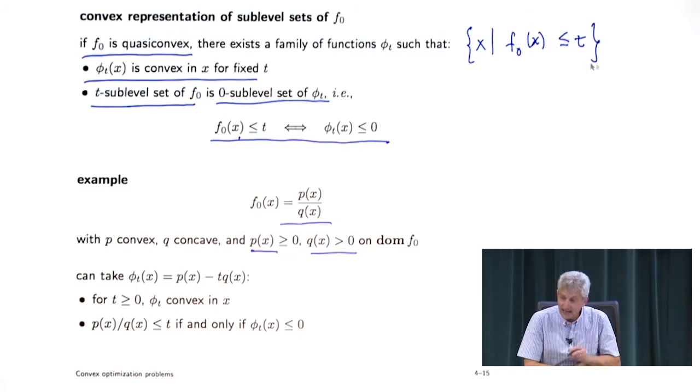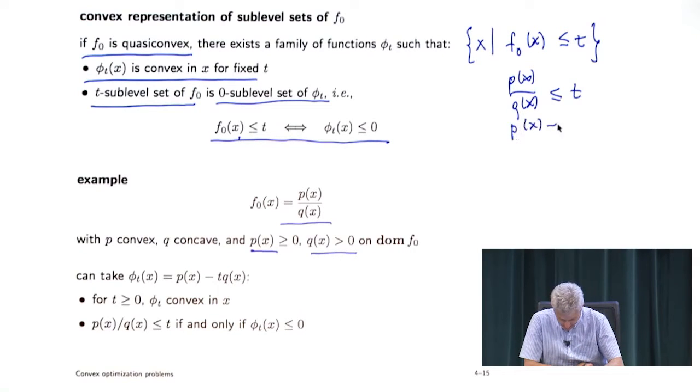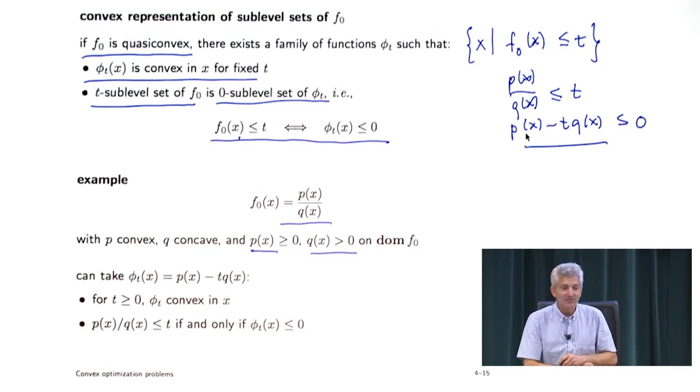Now, if t is negative, it's convex because this set is the empty set, which is convex. If t is positive, then I substitute for f0 p over q. So this is just p of x over q of x is less than or equal to t. q is positive, so I can multiply through this linear inequality, and I can write that as p of x minus t q of x is less than 0.